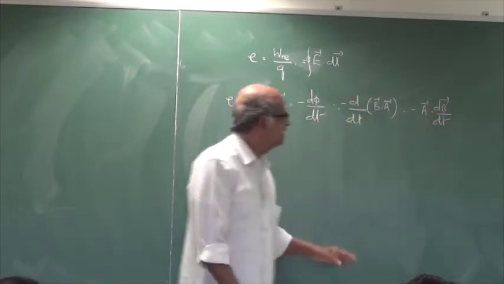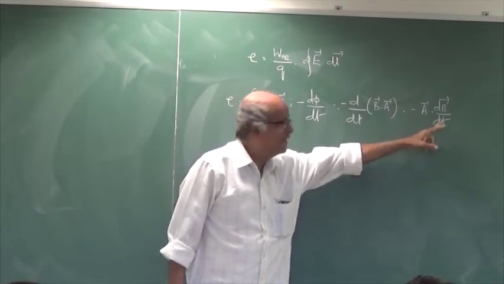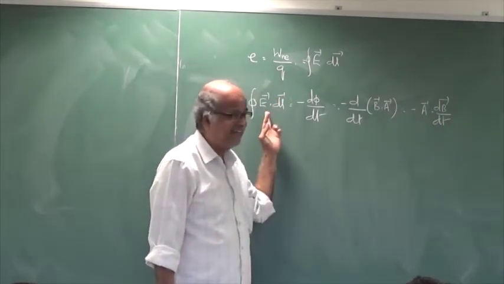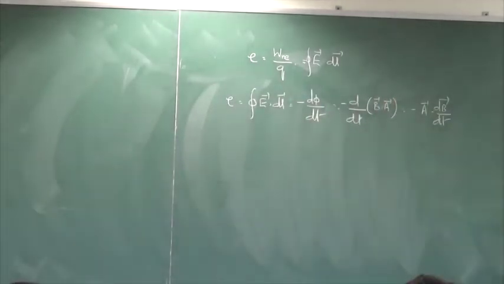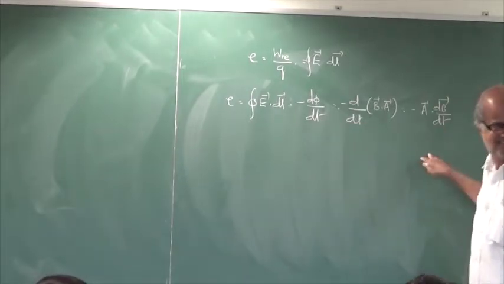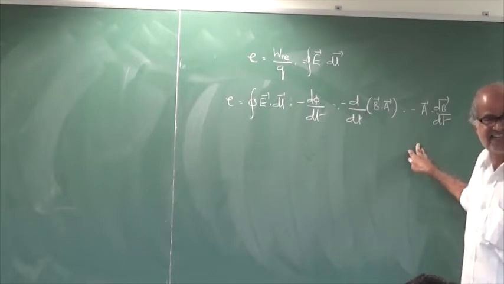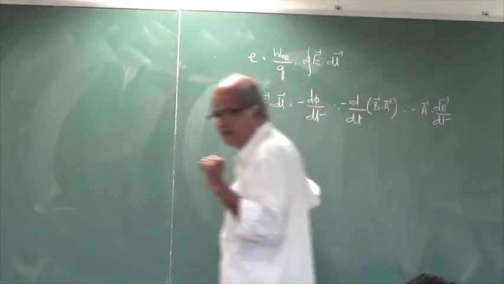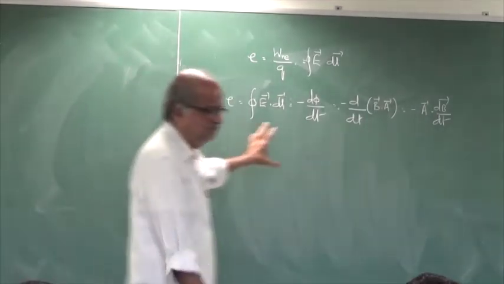So you see, a changing magnetic field or a time dependent magnetic field produces an electric field. This is a very, very interesting relation between the two fields, which follows from this result, isn't it? A time dependent magnetic field produces an electric field.